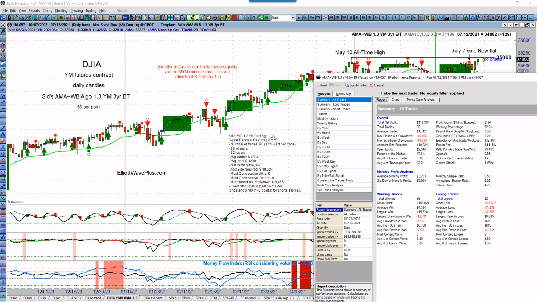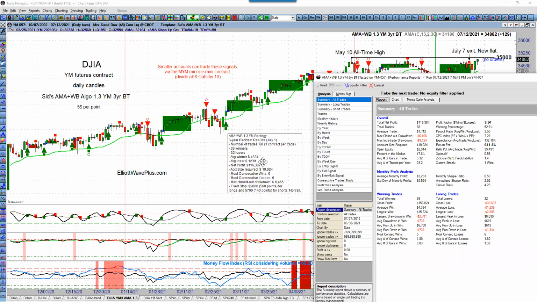So this is the result of a backtest we did on July 1. It's a 3-year backtest. There were 68 trades, 36 winners, 32 losers. The average winner was $4,334, and the average loser was $1,239.